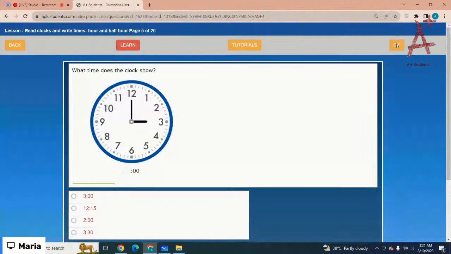Okay, what time does the clock show? So which is the correct option? Yes, it is 3.